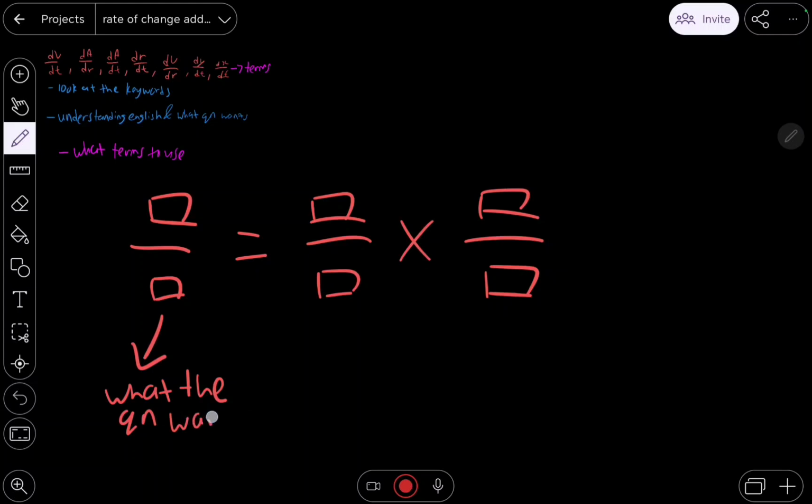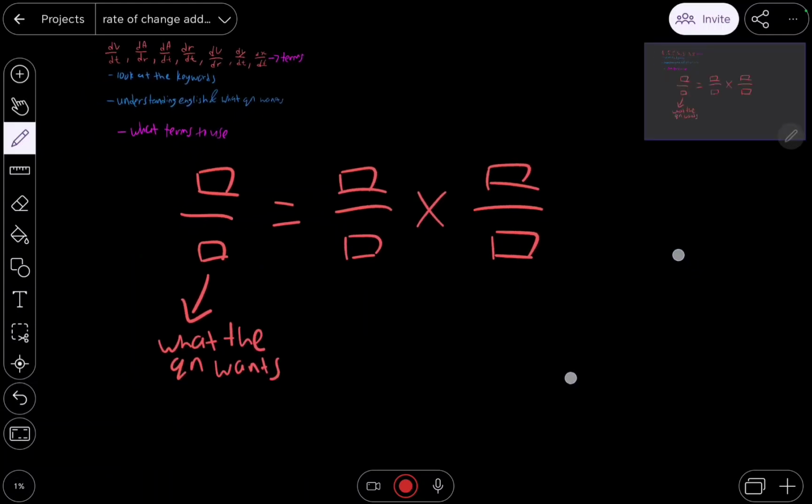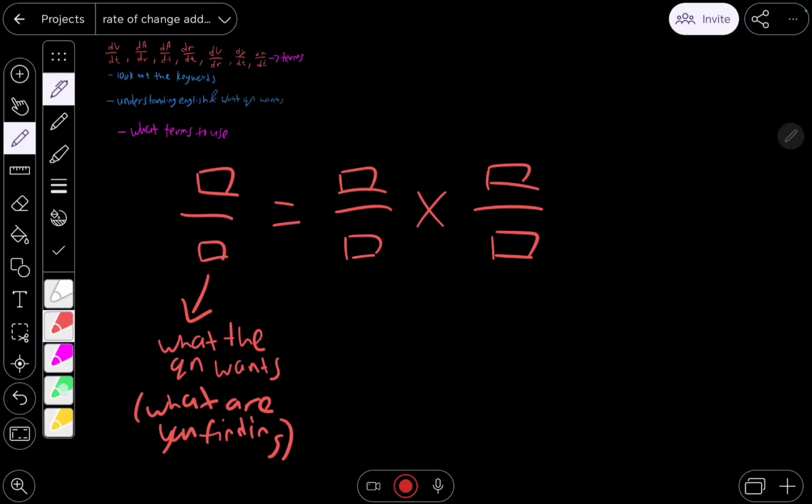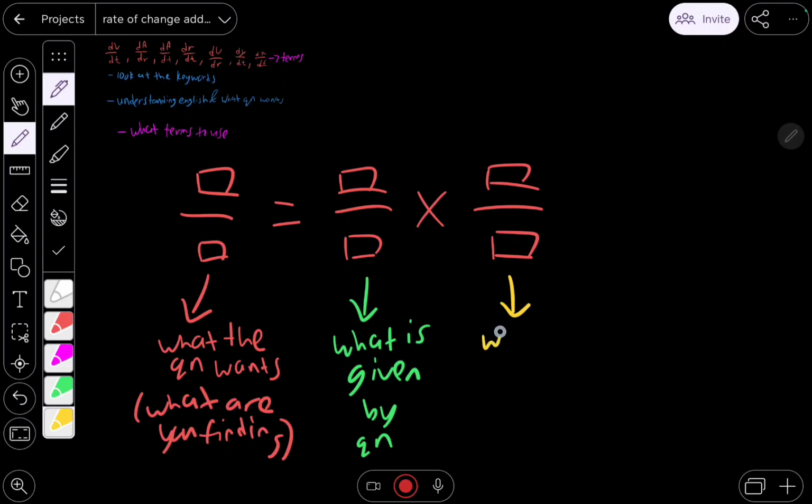That means what are you going to find? I'll just write what you are finding. And for this part here, okay, I'll write in 3 different colors. This part here is usually what is given by the question. And this part here in yellow will be probably what you will create.